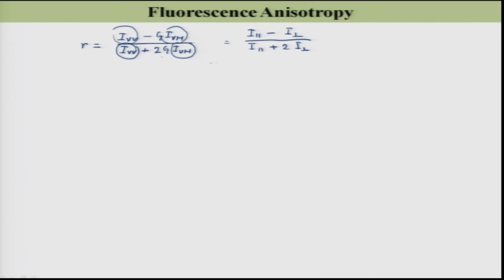So, I put this G, but generally we do not care so much about the 2 G I perpendicular. It looks like this is the measured intensity at the detector, but actually the measured intensities are IVV, IVH, IHV, IHH, and we generally do not care.